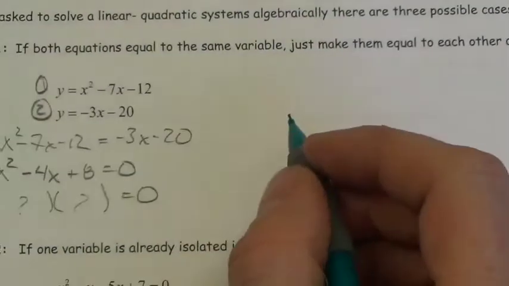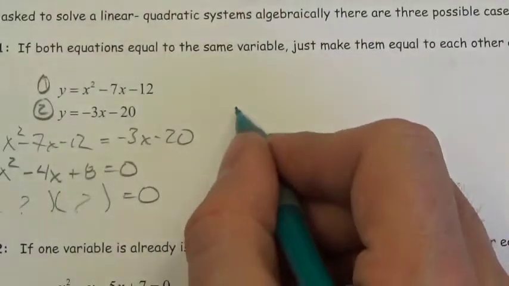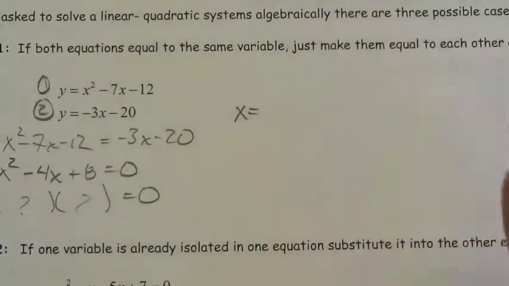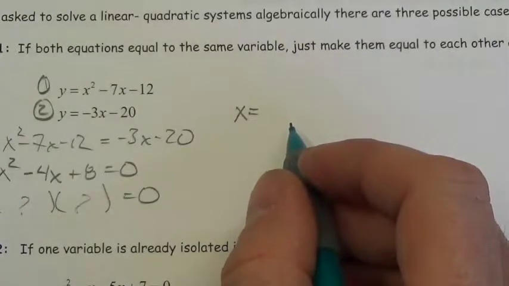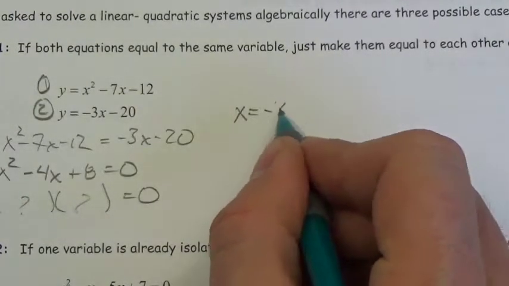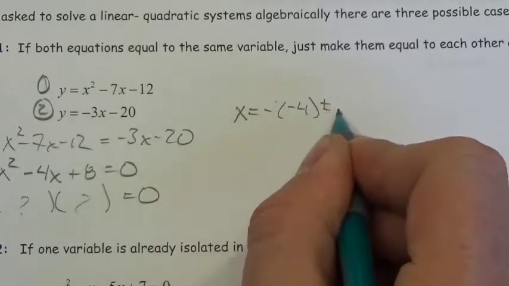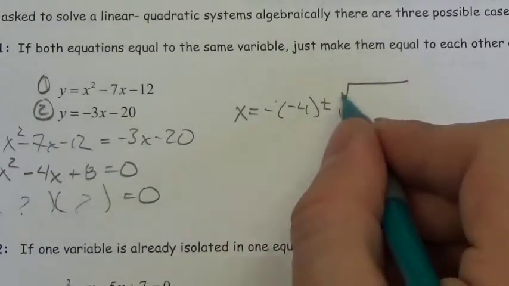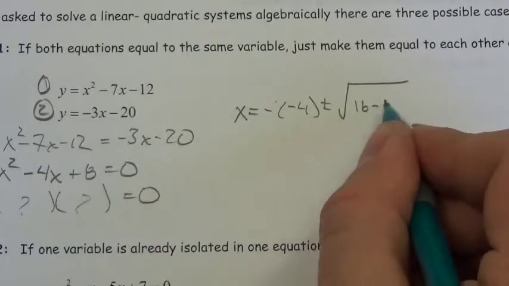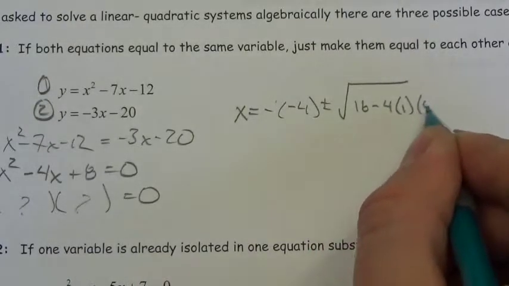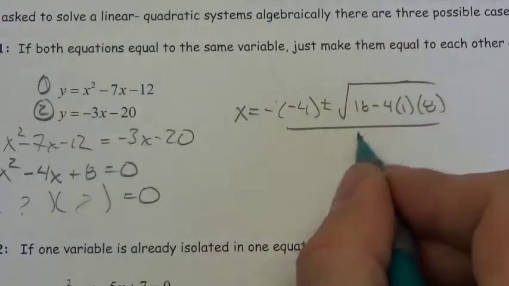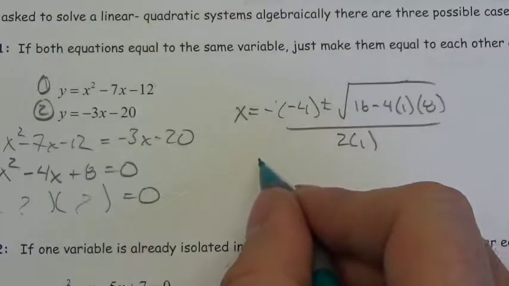So what we're left with here is looking for what x is equal to using the quadratic formula. That would be negative of negative 4 plus or minus the square root of negative 4 squared, that's 16, minus 4 times 1 times 8, all over 2 times 1.